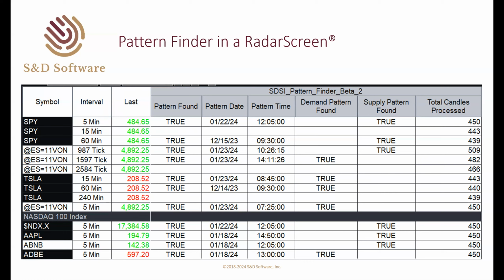That's probably the best way to put it. And so by looking at the total candles processed, if you see something that's really abnormal and is below what you set for the minimum distance to go back looking for patterns, then you can tell that you have a row that's stuck and needs to be restarted in essence.